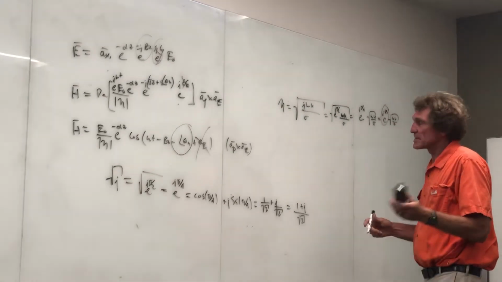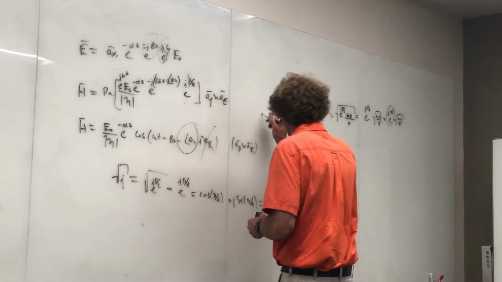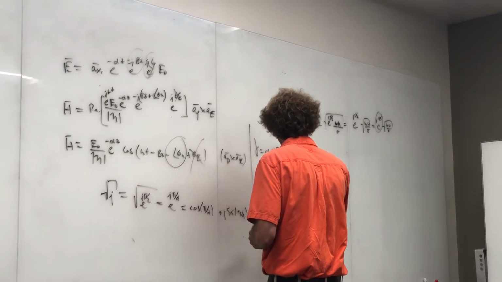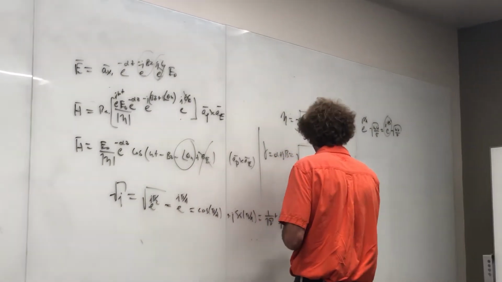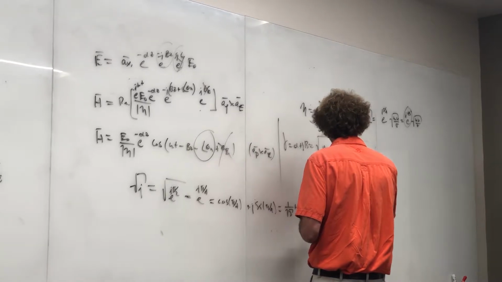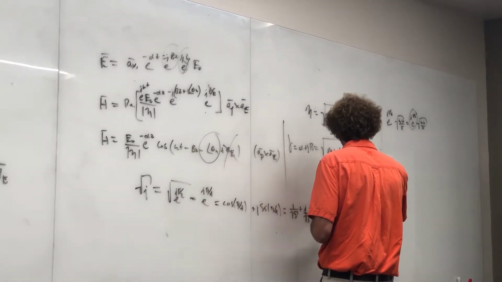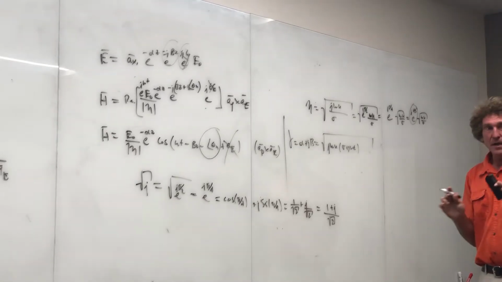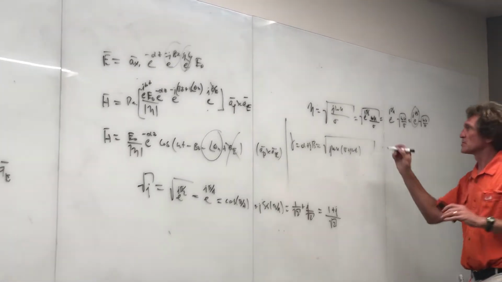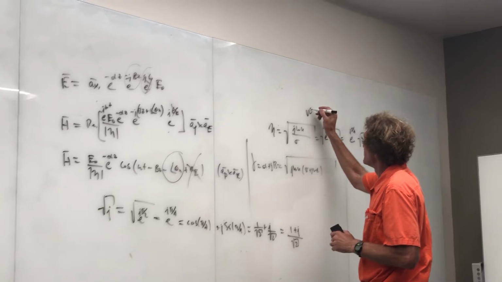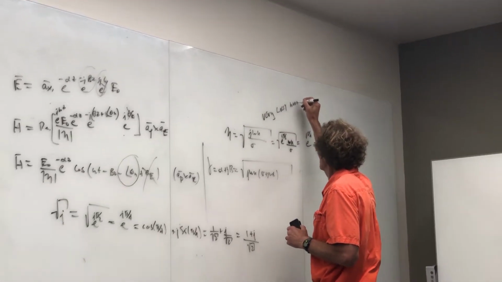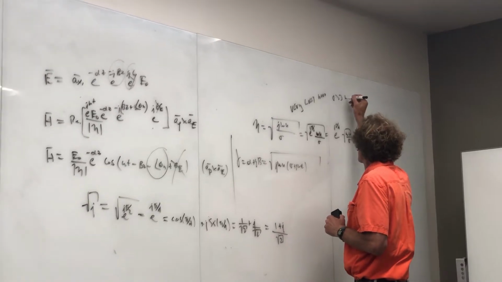Now, one last thing that's important. Since gamma is equal to alpha plus j beta, and gamma is equal to the square root of j omega mu times sigma plus j omega epsilon, in the lossy, this is very lossy media, which means sigma is much, much greater than omega epsilon.